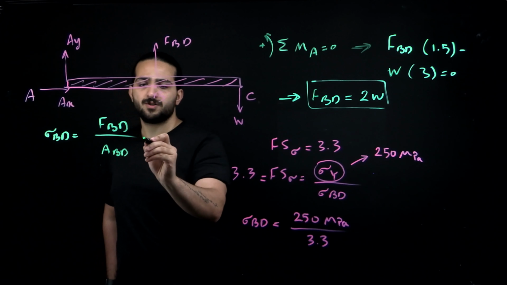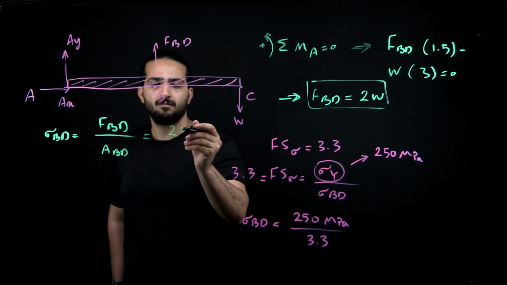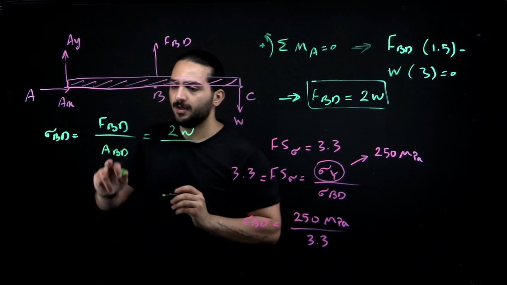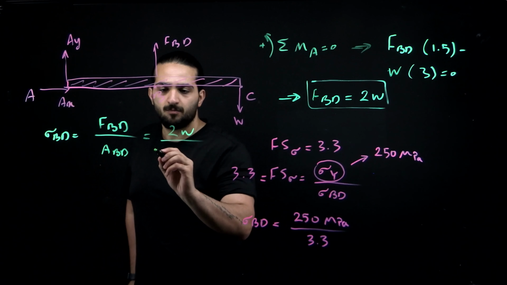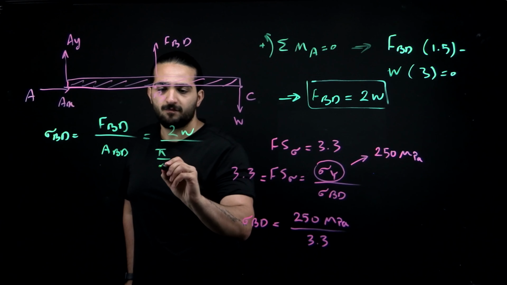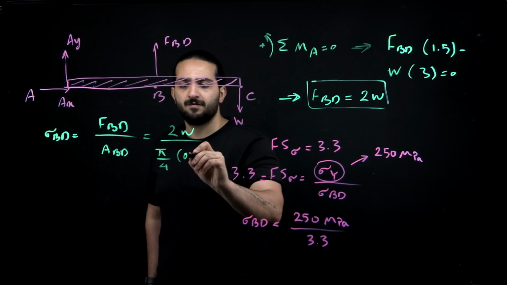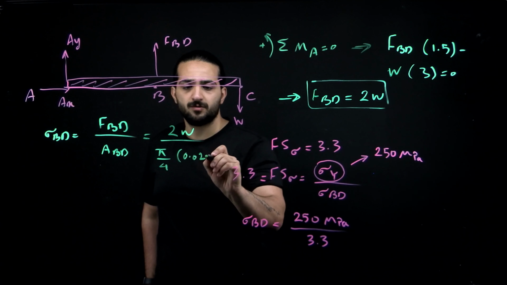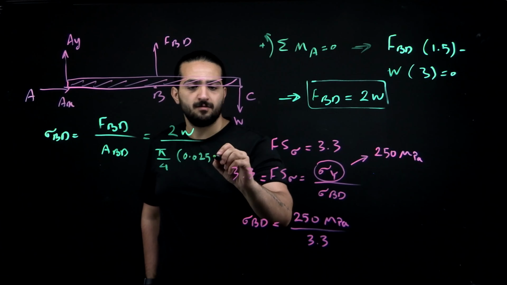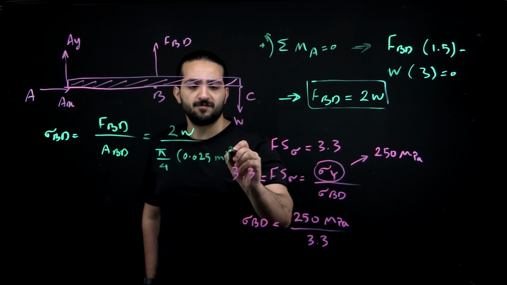So FBD was 2W and ABD is pi divided by 4, D of BD was 25 millimeters, 0.025 meters in the power of 2.